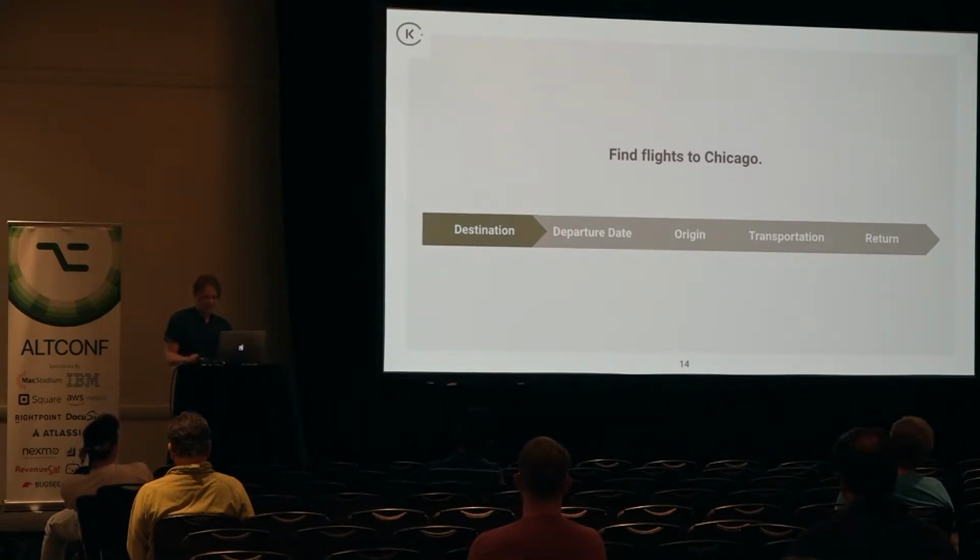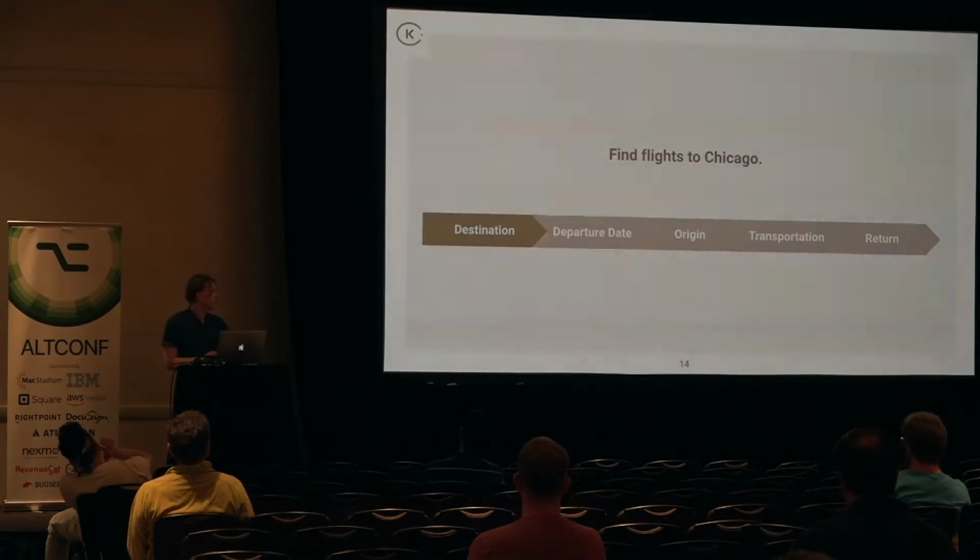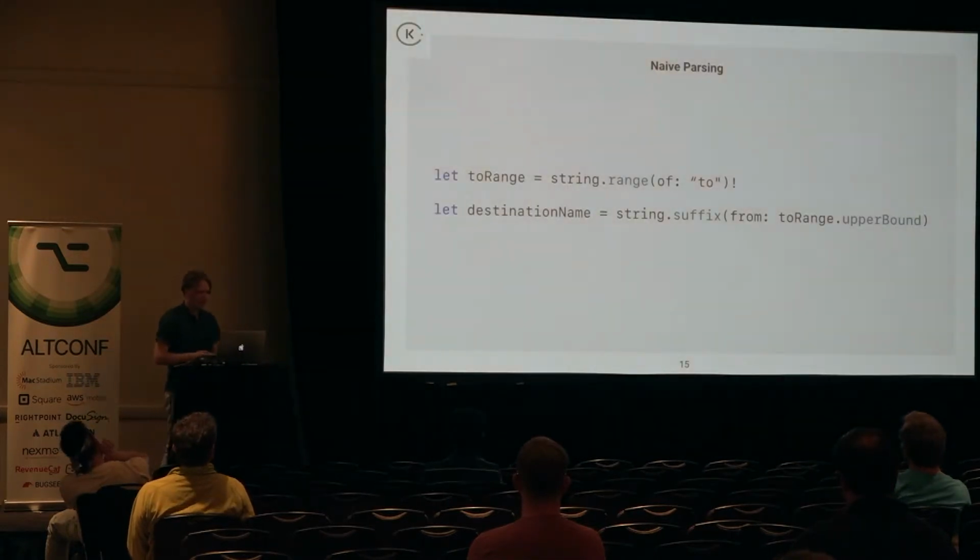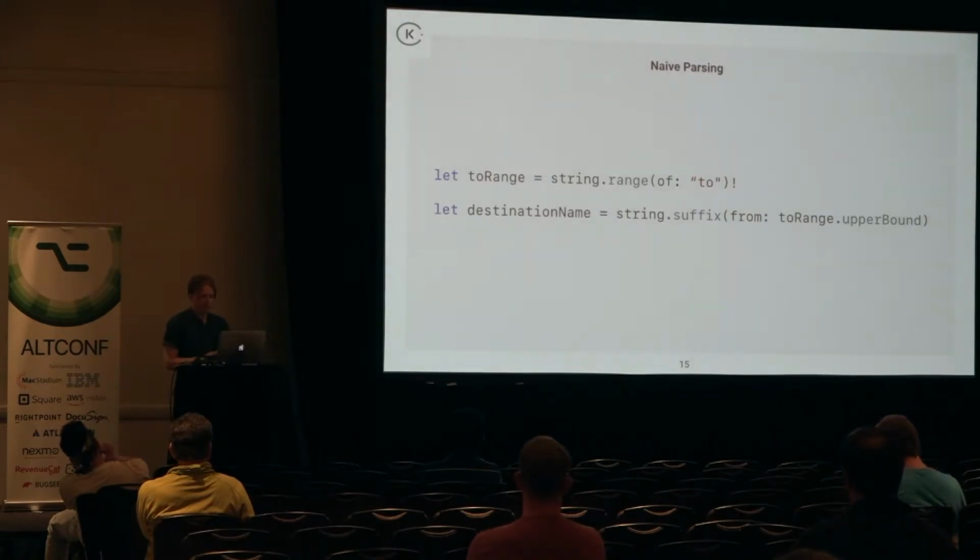But again, I had no idea at the time how to do this. So I just looked at the sentence and did the simplest thing possible, and that would be just to find "to" and assume that everything that went after it was the destination, which works for that one sentence, but that's about it.